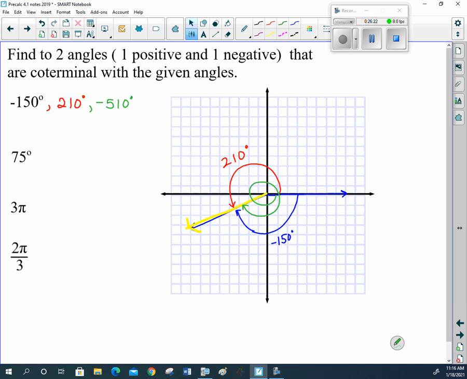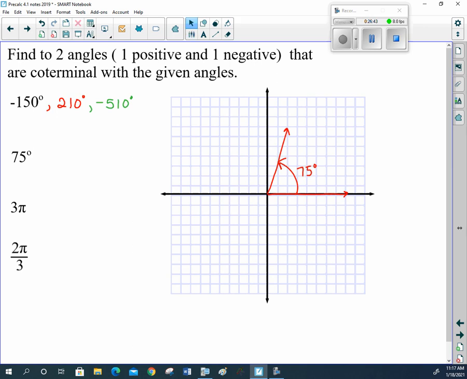Okay, let's try it again. So this time, 75 degrees. So here's my initial side, and 75 degrees will probably put me something like that. That's a positive 75 degrees. So now remember, we want to end up on the same terminal side. So we want to end up right here.